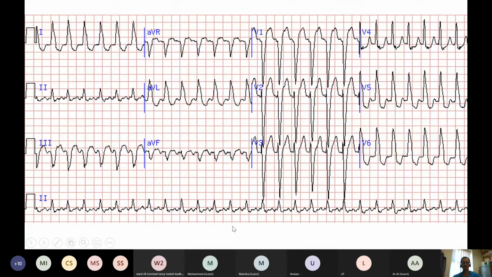What's the rate of this tachycardia? It's about 150. So can anybody tell me what the diagnosis is? Is this VT or is this something else?